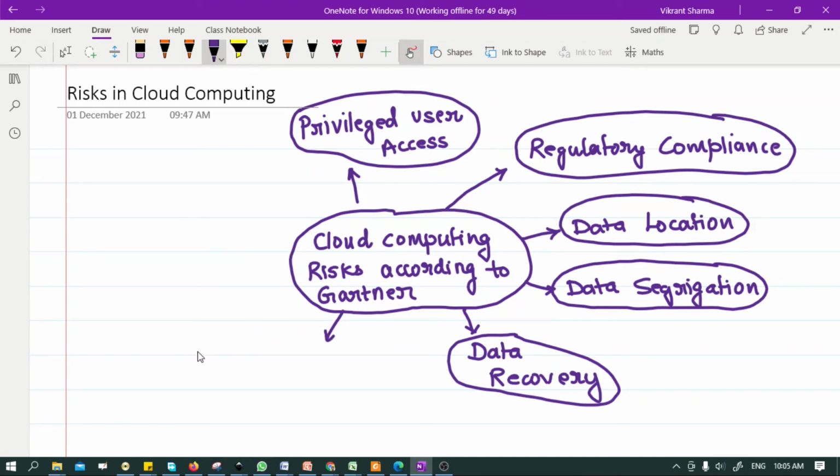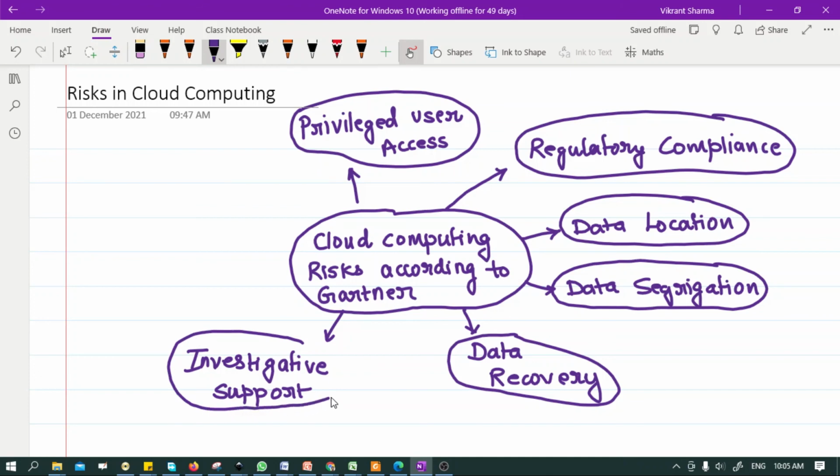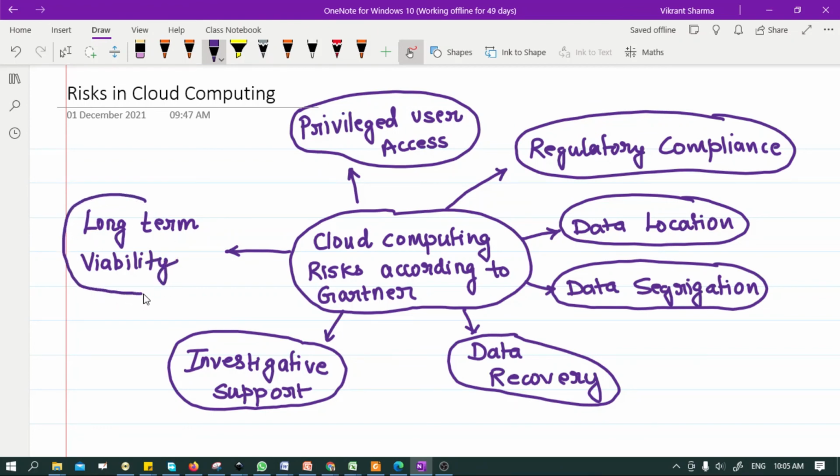Investigative support. And long-term viability. So these are the major risks according to Gartner.